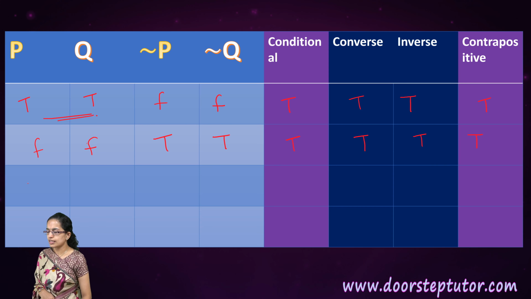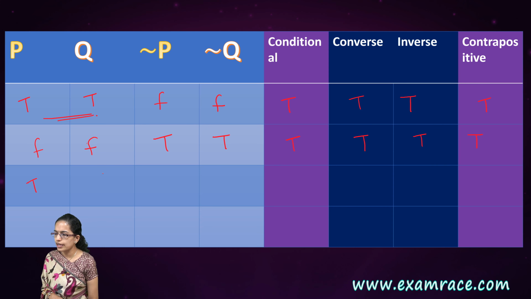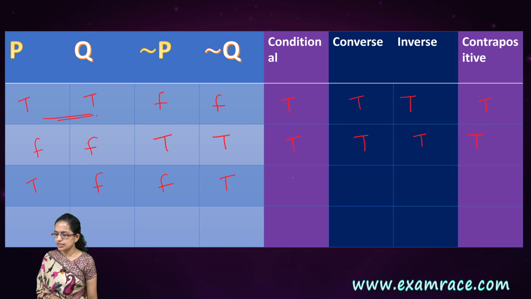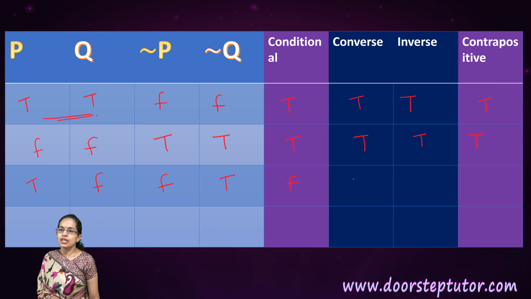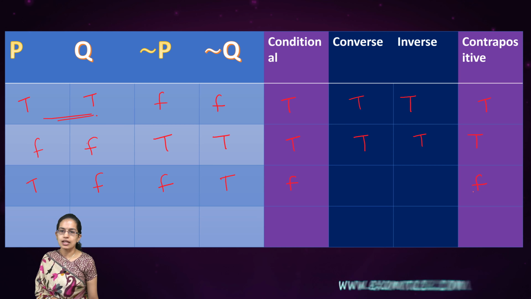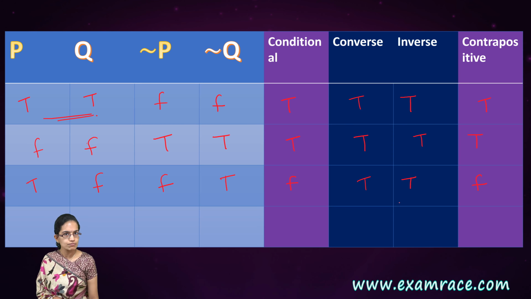What would happen if my P is true but my Q is false? Then not P would become false and not Q would become true. In this scenario, my statement would become false. So my contrapositive would again be false, and since the statement and the contrapositive are false, my converse and inverse would become true.